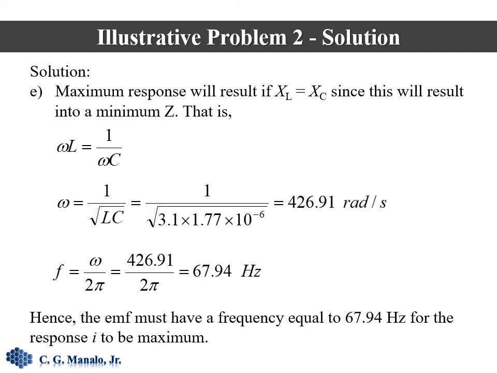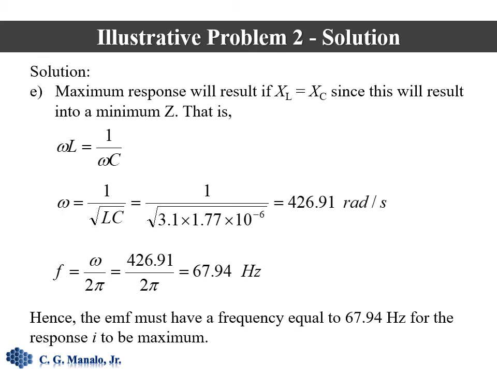So for the last requirement, the question there is, what is the frequency of the source that will give us the maximum response? Or specifically, what is omega of the source, or the f of the source, that will give us a maximum I sub m.